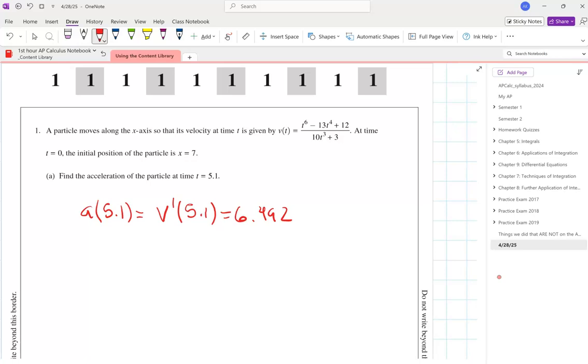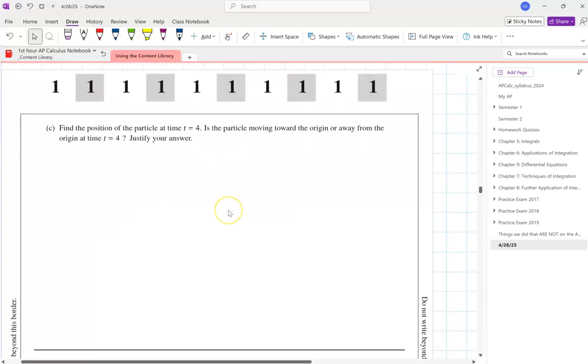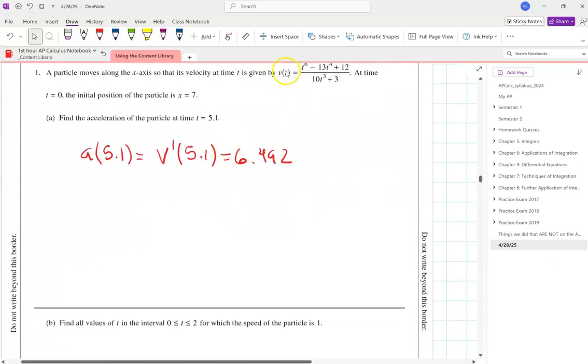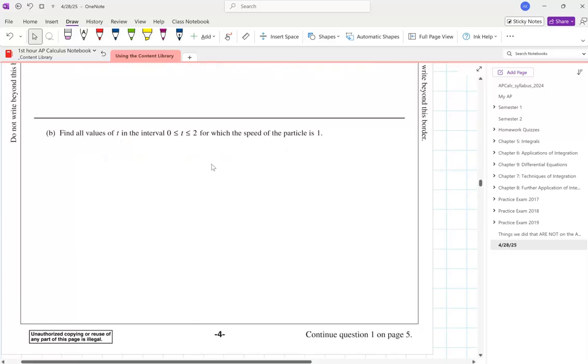It doesn't tell us what v of t is in terms of or what t is in terms of. So I'm not writing any unit on my answer. It doesn't need a unit if they haven't given you any units. If this was in meters per second and t is in seconds or something, then the acceleration would be meters per second squared, right? Or meters per second per second.